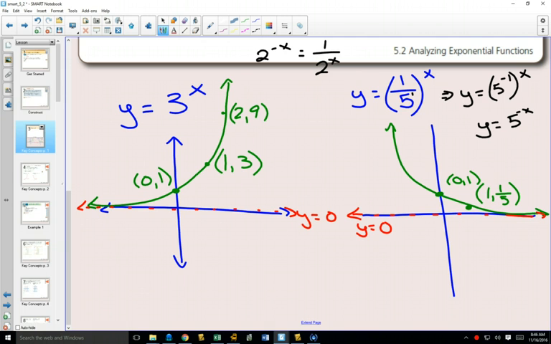And if you flipped it over the y-axis, would it not look like this? I think there was a question like that on the assignment you did the other day, to recognize that the 2 to the negative x graph was the same as the 1 over 2 to the x graph.